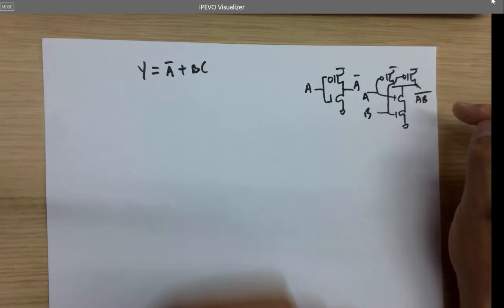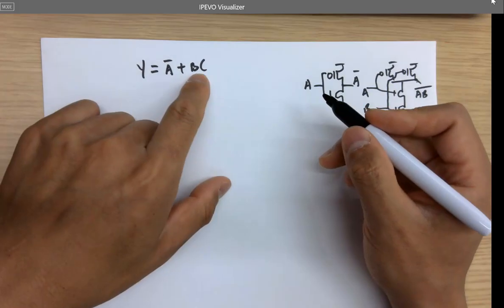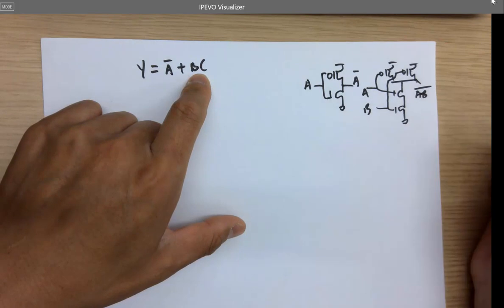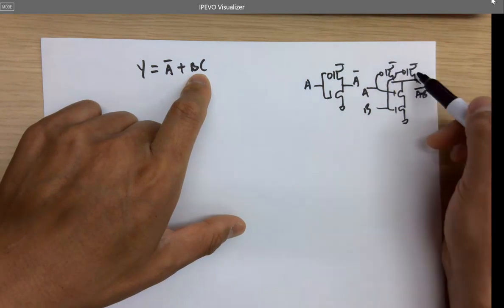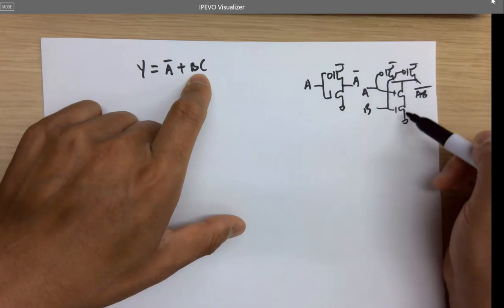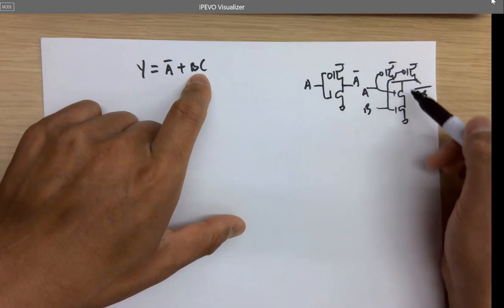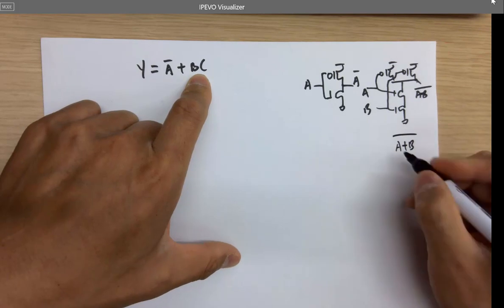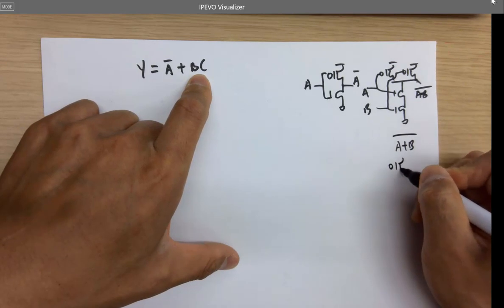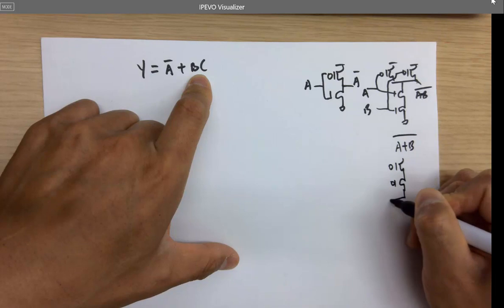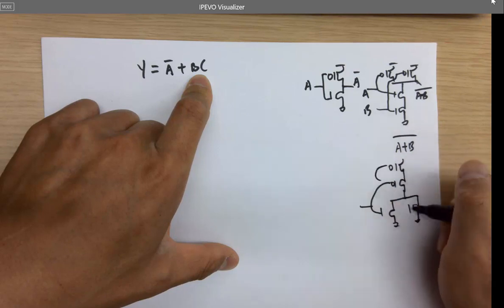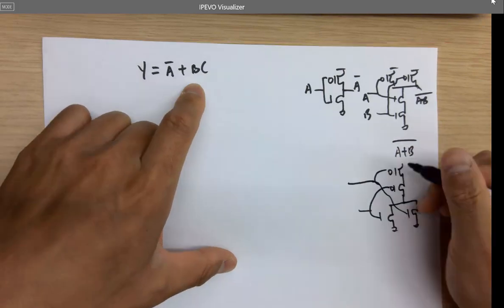So if you have an AND logic under the bar, you place two PMOSes on the top in parallel and two NMOSes in series at the bottom, remember? Okay, if you have an OR logic under the bar, you place two PMOSes in series on the top and two NMOSes in parallel at the bottom. So that's the way we do it, okay?